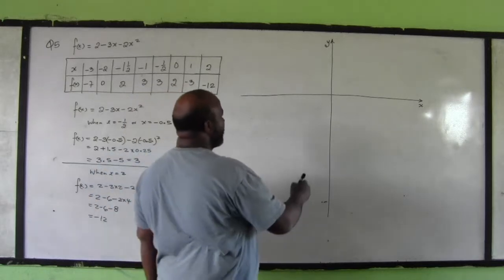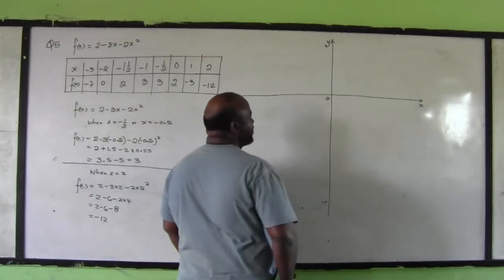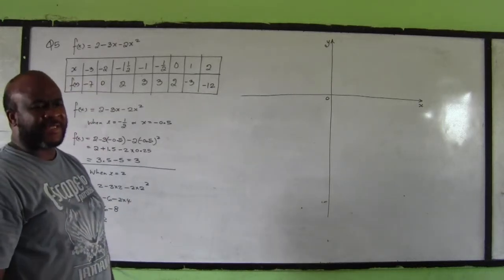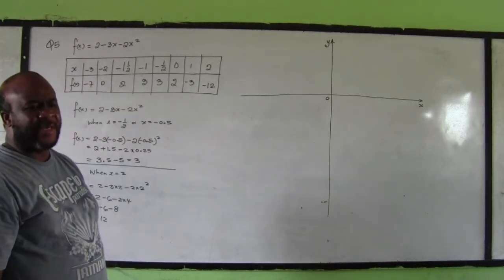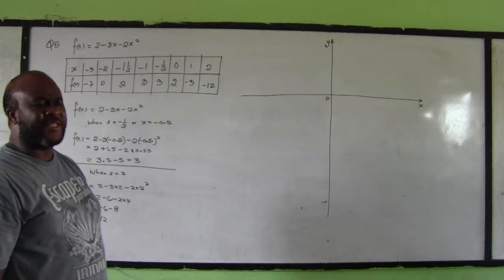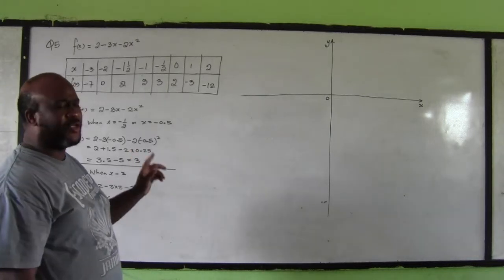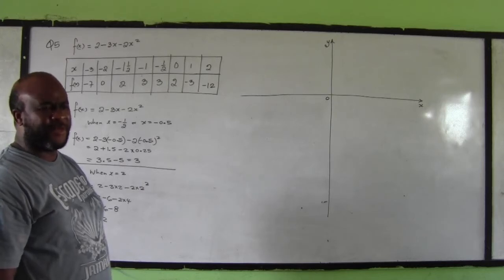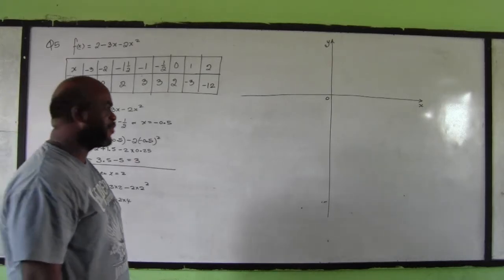Next, we need to number the axes. The scale tells us how to number the axis. The scale is 2 centimeters to 1 unit on the x-axis. That means every 2 centimeters your number goes up by 1.